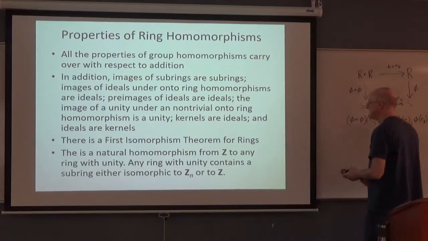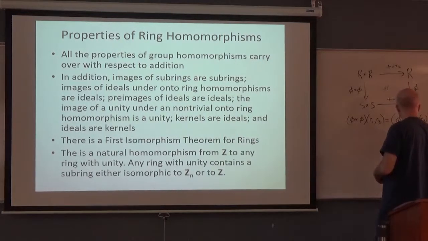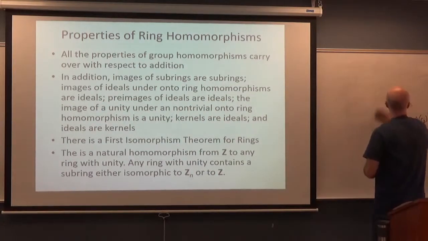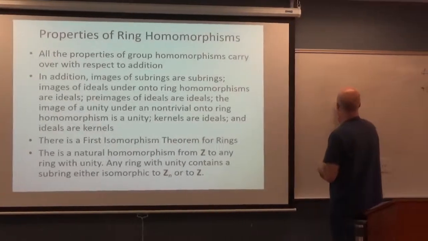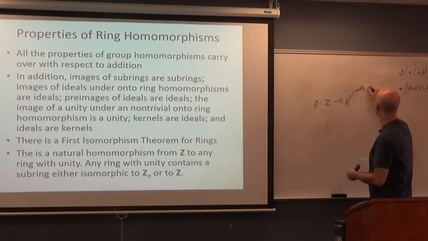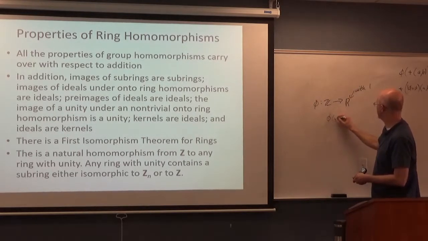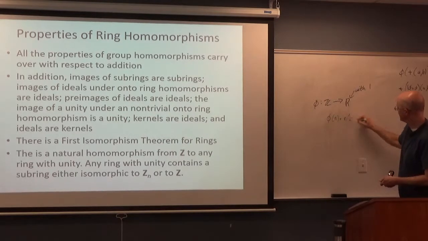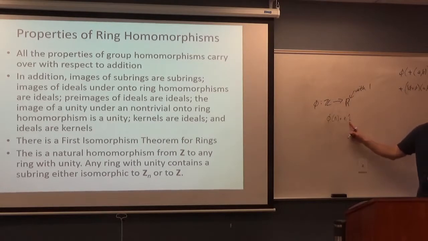And any ring with unity contains a subring either isomorphic to Zn or Z. The natural homomorphism from Z to any ring with unity is to take an arbitrary element n of Z and put it in front of the unity, meaning add the unity to itself n times if n is positive. That's the natural homomorphism from Z to a ring with unity.